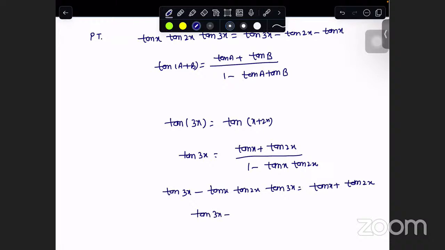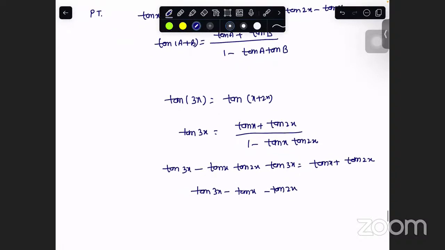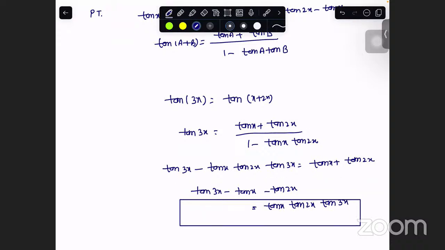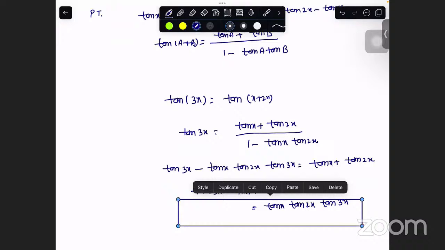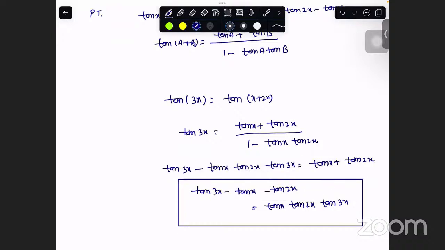So tan 3x minus tan x minus tan 2x is equal to tan x tan 2x tan 3x. Got it?